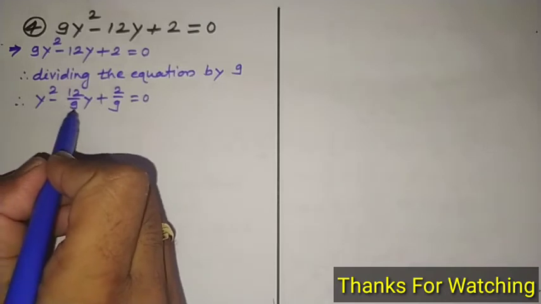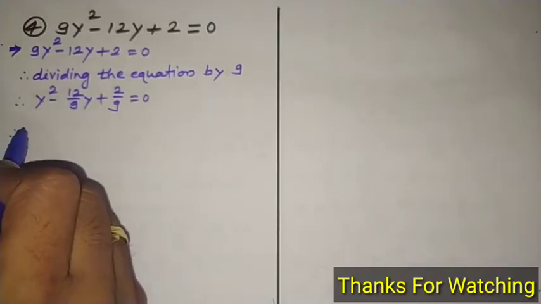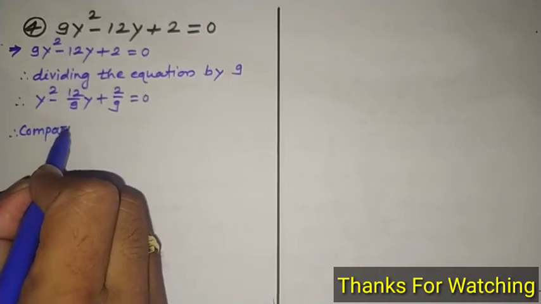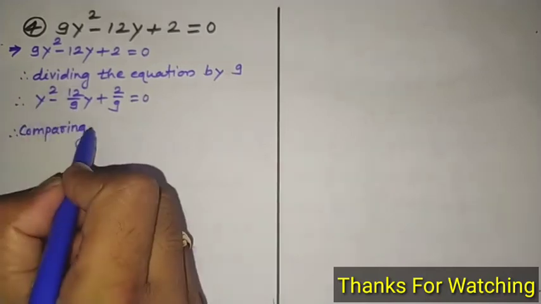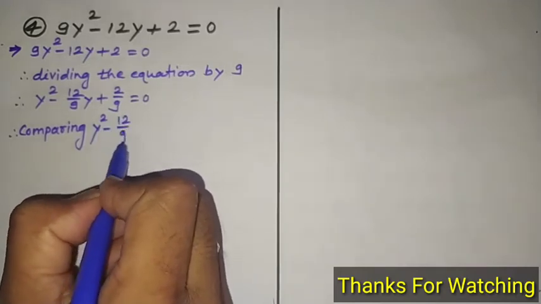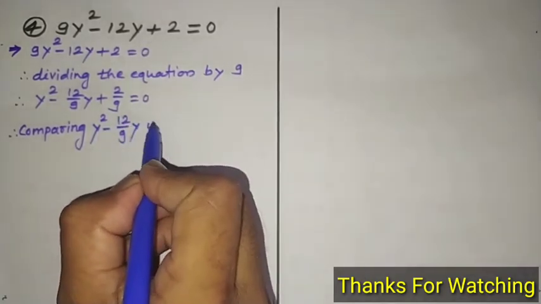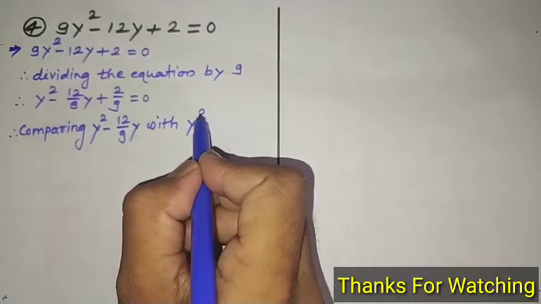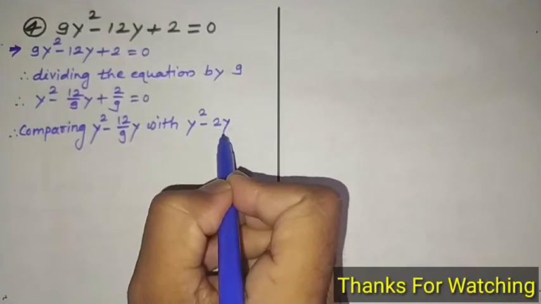Comparing the first two terms of the left side, y square minus 12 upon 9y, with y square minus 2yz.